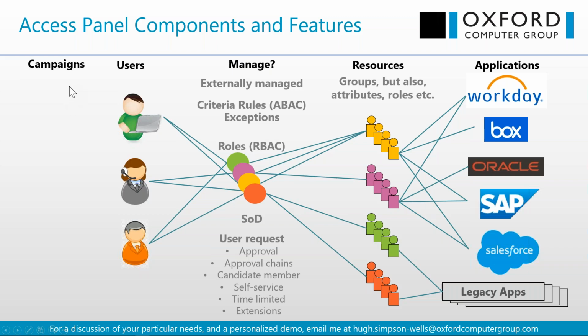And what we're saying here is that we can have campaigns to attest, review, or attest, certify, or recertify, depending on your language, review, if you like, the entitlements of, well, it could be users, it could be all users in a department. It could be entitlements. You could be saying, I want to look at all of the resources associated with some application, or it could be roles. I want to look at all the critical risk roles.